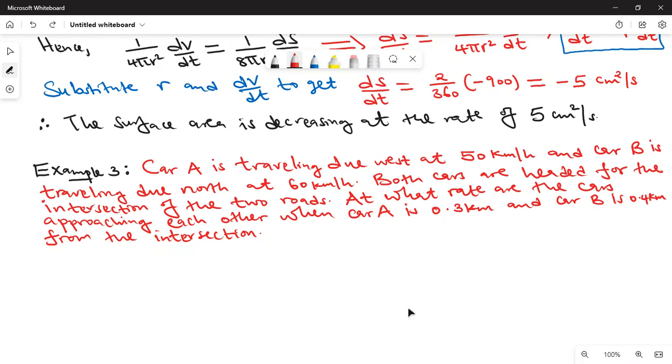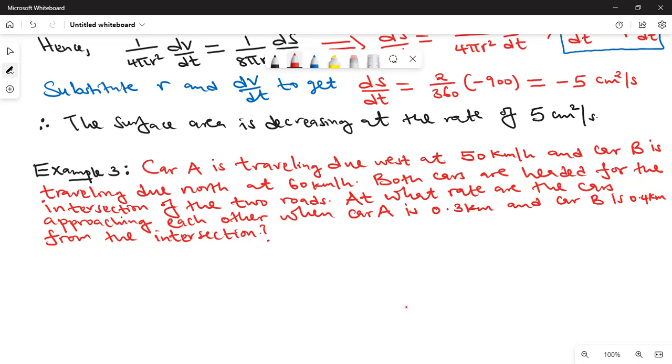Both cars are headed for the intersection of the two roads. At what rate are the cars approaching each other when car A is 0.3 kilometer and car B is 0.4 kilometer from the intersection? That should be a question mark. So we'll have a question mark here.